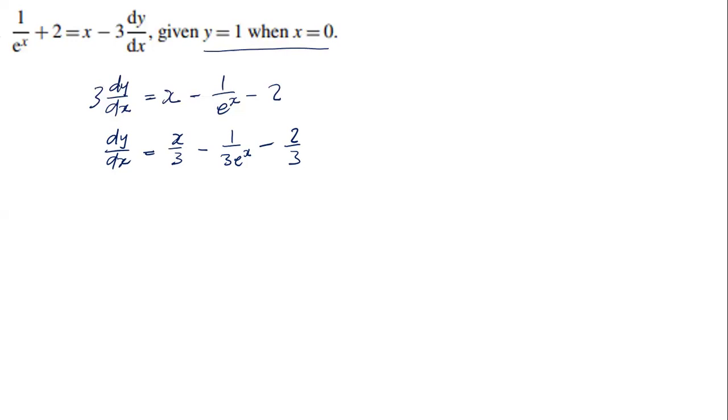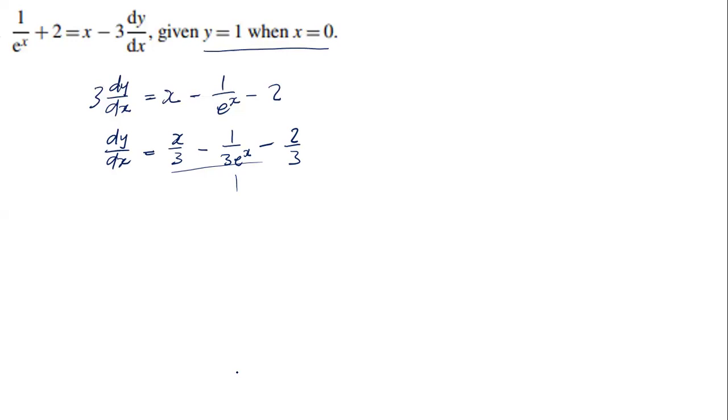Having a look at this, we can use variable separable. But how? Remember I said, take everything as if it is divided by 1. We cross multiply: 1 multiplied by dy.